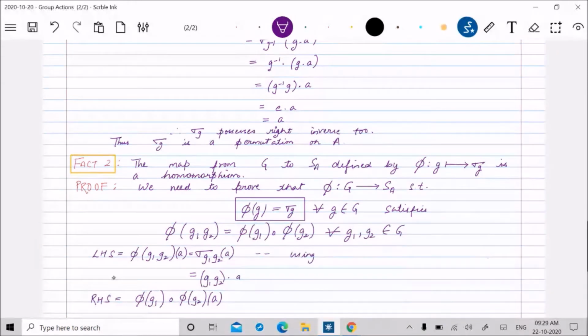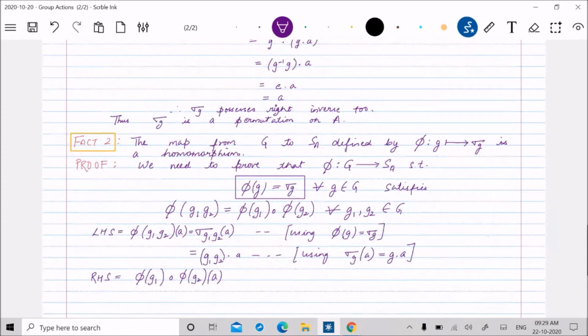Here I used phi G equal to sigma G. This was the definition, and using how this came, sigma G A equal to G acting on A, right? So two simultaneous definitions were used here.